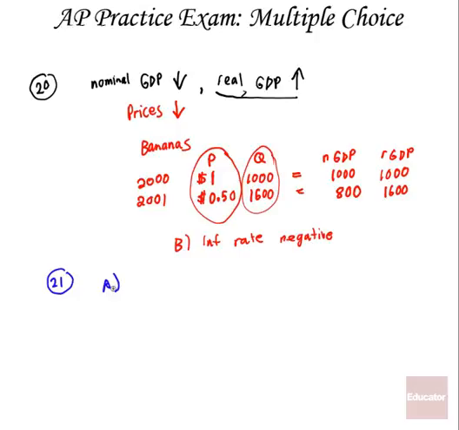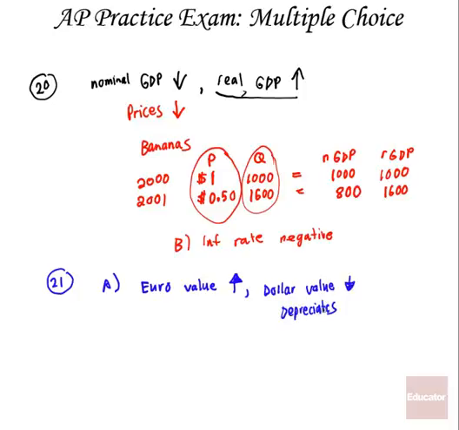Now, if the value of the foreign currency relative to the U.S. dollar increases, so let's say the euro value increases. Well, that necessarily means that the dollar value decreases or depreciates.